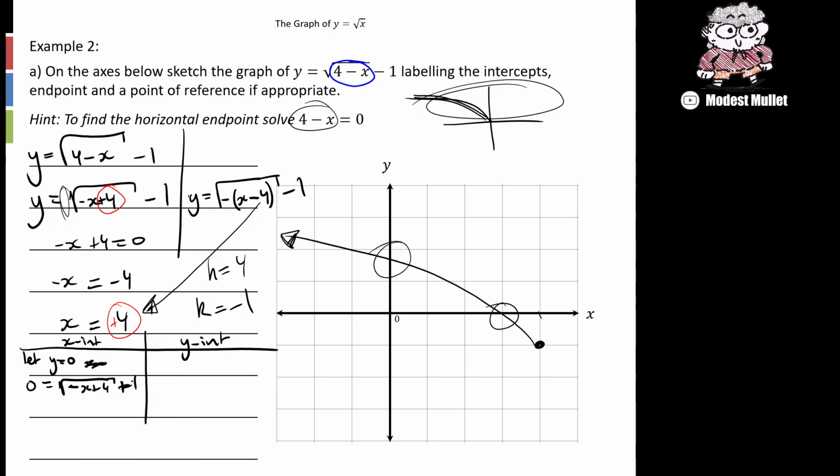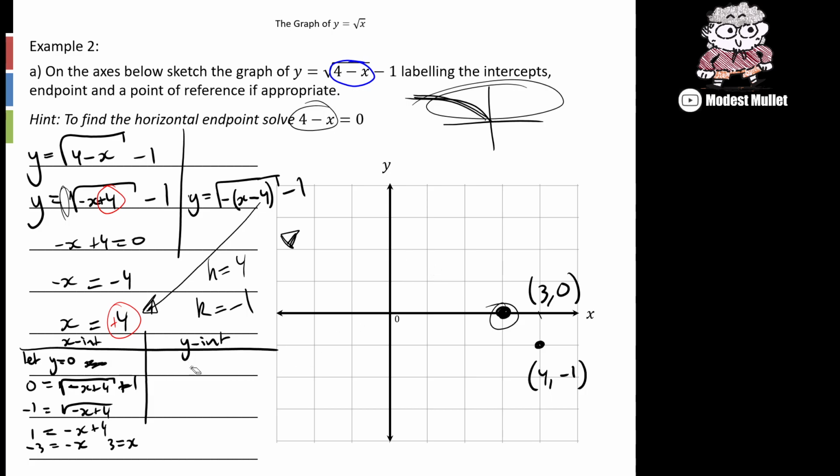You could use any form of the equation; that will give you the correct answer. 1 is equal to square root of negative x plus 4. Square both sides. Then 1 is negative x plus 4. Take 4: we get negative 3 is equal to negative x. Divide both sides by negative 1. We get 3 is equal to x, which is where I happened to draw that. So let's label this: that's (4, -1), and that is (3, 0).